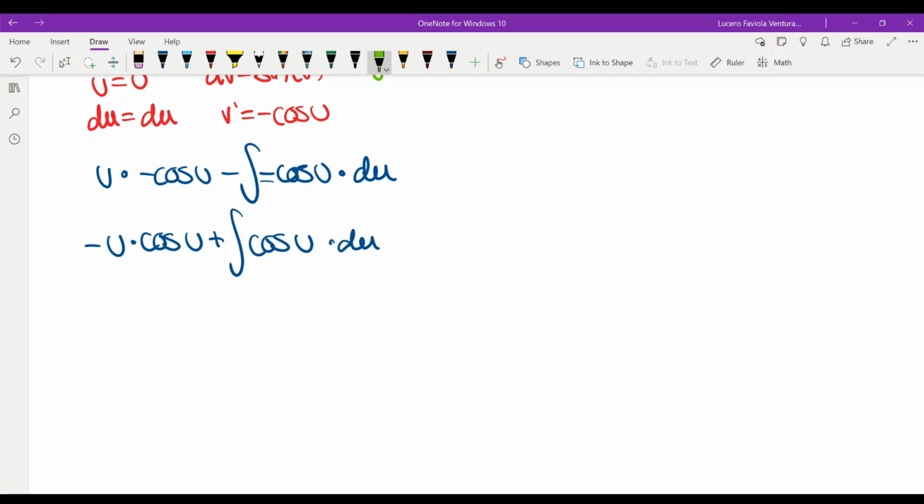And again, from our trig functions, we should know that the integral of cosine theta is equal to sine theta plus c. And then we rewrite it down here. Negative u times cosine u plus sine u.